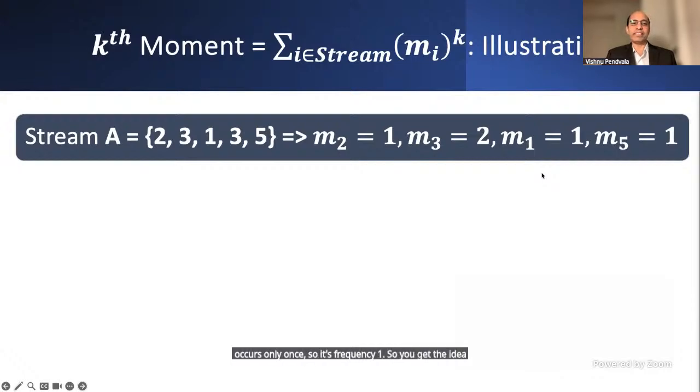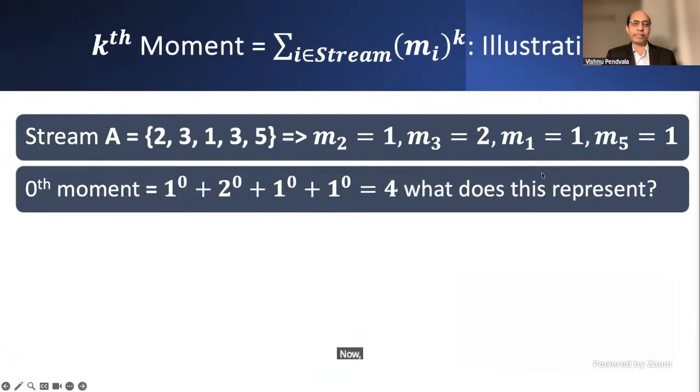You compute the frequencies. Now the zeroth moment is when you take these frequencies to the power zero. What does this represent? Any ideas? It is the number of distinct elements.